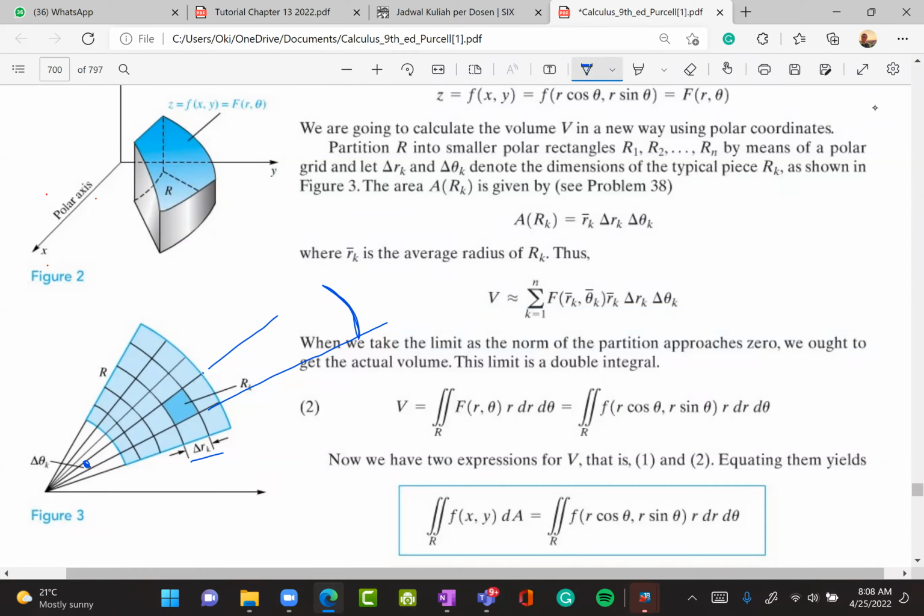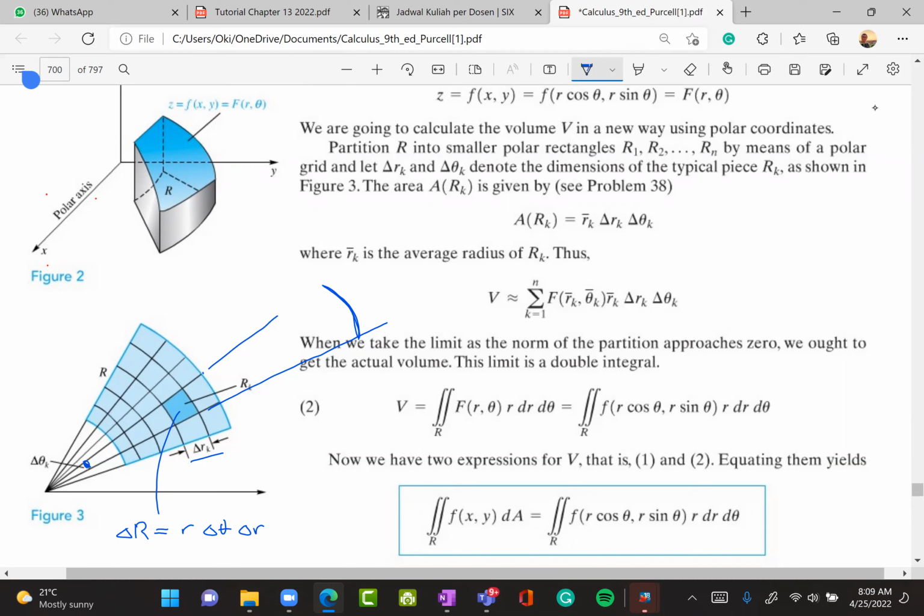So in fact, when we compute the area here, it is not only delta theta times delta r, but you also have this extra factor.